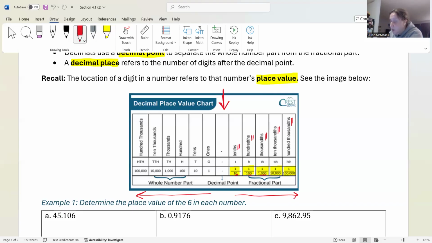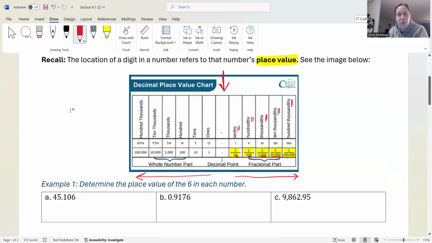The 10,000ths place is four decimal places in, and 10,000 has four zeros. And the 100,000ths place is five decimal places in, and 100,000 has five zeros. So the number of zeros in the power of 10 matches the number of decimal places for that place value, which can be really helpful. Count the number of decimal places and then just think 1 over that power of 10 with that many zeros.